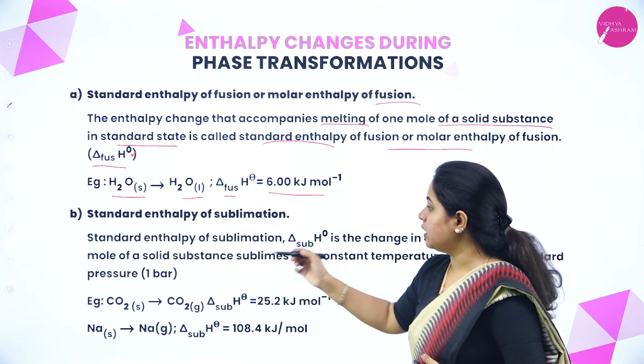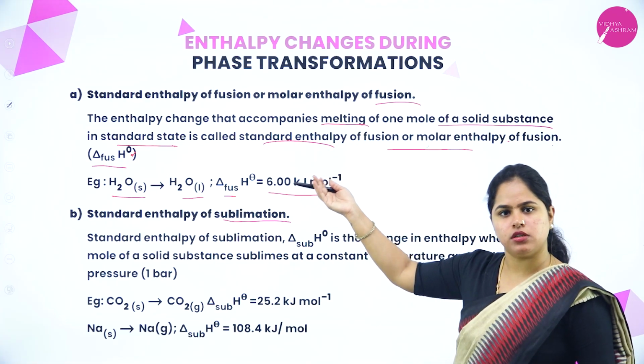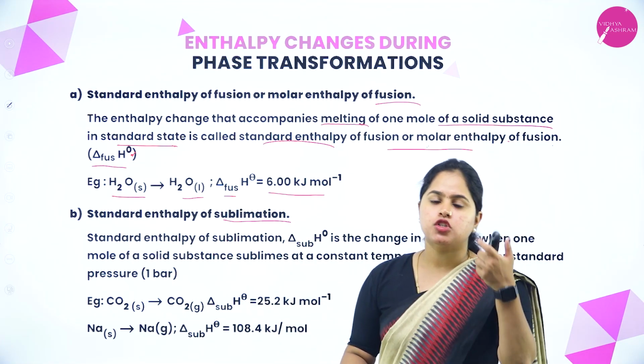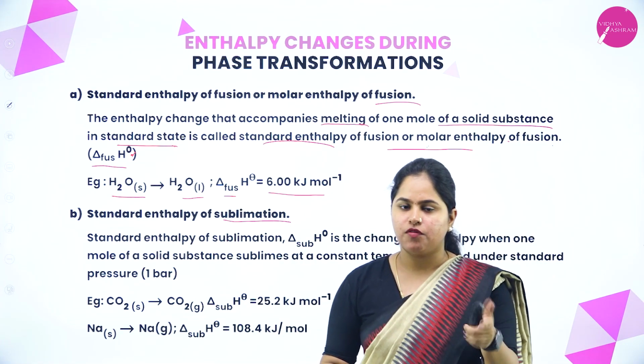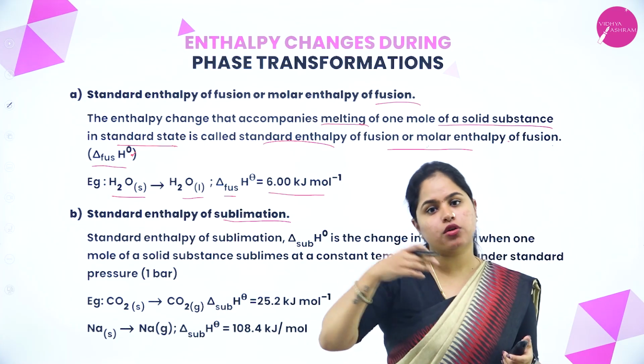Now the next one is standard enthalpy of sublimation. From standard enthalpy of fusion, you can yourself derive what standard enthalpy of sublimation is. It is the enthalpy change accompanied when the substance is getting converted from solid to gas, right?